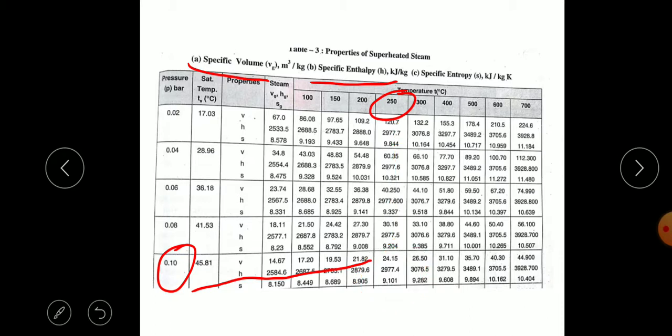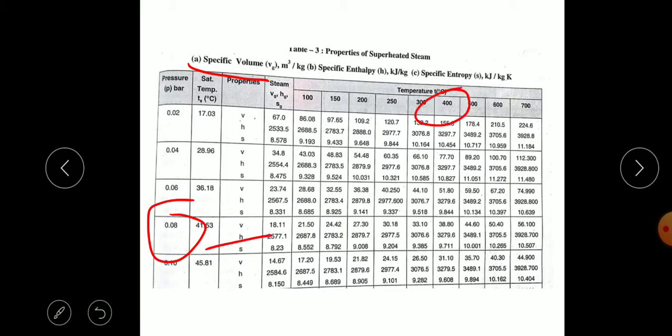Now suppose the pressure is 0.8 bar and the temperature of the steam is 400 degrees. So we go to the 0.8 bar pressure, and from the 400 column we can find the steam properties: 38 is the specific volume, 3200 is the enthalpy, and 9.7 is the entropy.